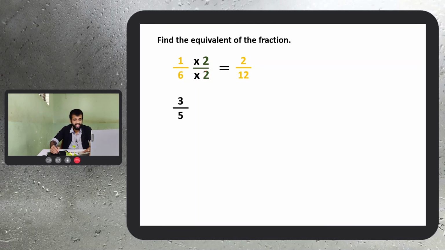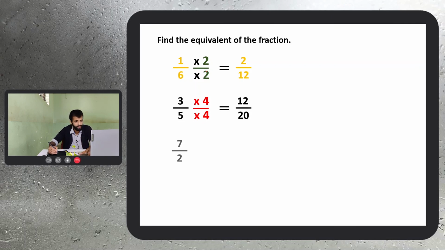Let us take another example, 3 upon 5. I can multiply the number 4 in the numerator as well as in the denominator, and when I do that, my equivalent fraction becomes 12 upon 20. How did I get 12? 3 times 4 is 12, and 5 fours is 20.